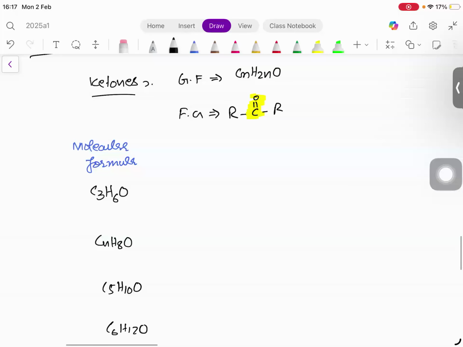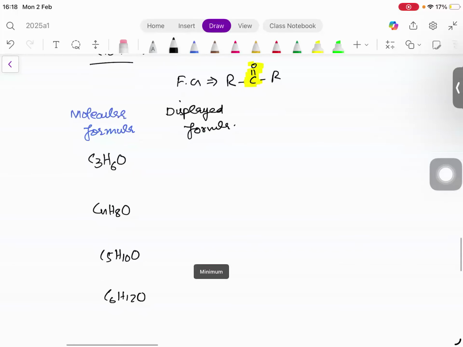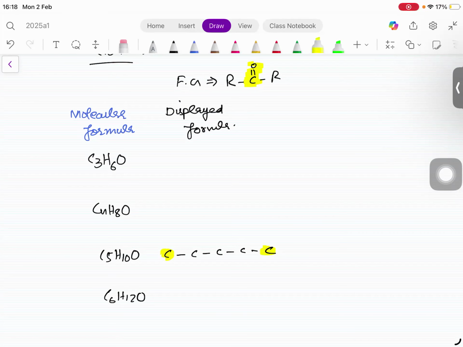C6H12O. Now if I construct the displayed formula, look at this. How many carbons I have to put in the carbon chain? 1, 2, 3, no, 5 वाला बना रहा हूँ. 5. Now I know one thing, कि ये जो दो carbon हैं which I have just highlighted, I cannot put the functional group here because C double bond O is the functional group. Now if I put it on these 2 carbons, it's going to be an aldehyde, not ketone.